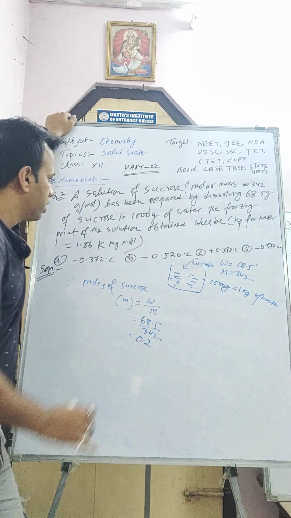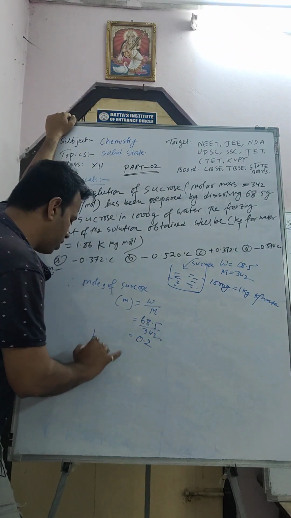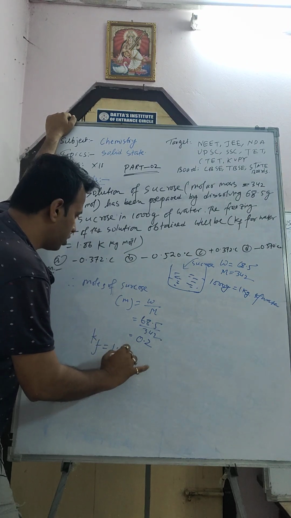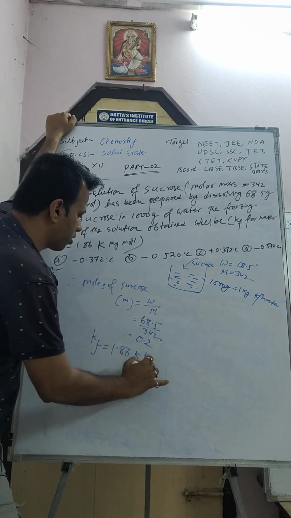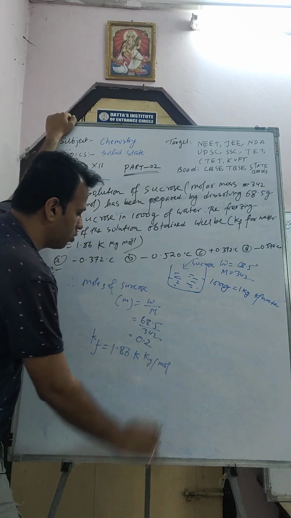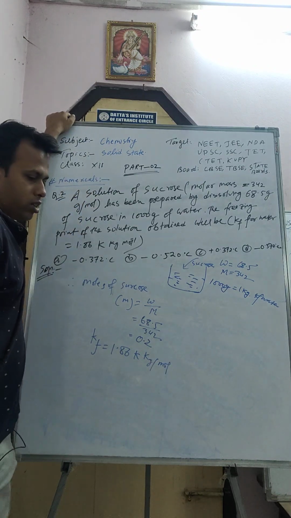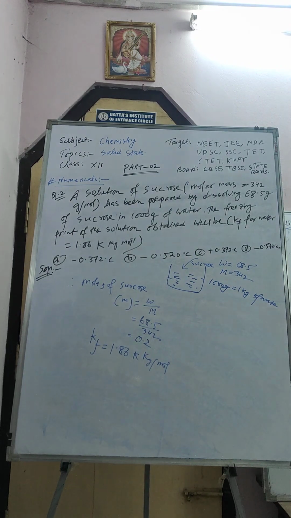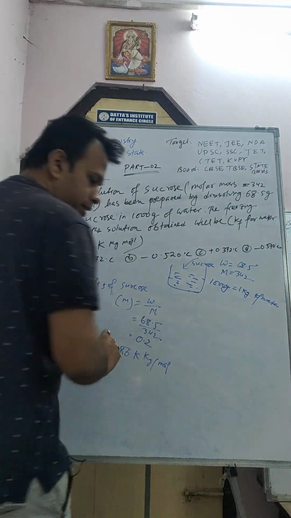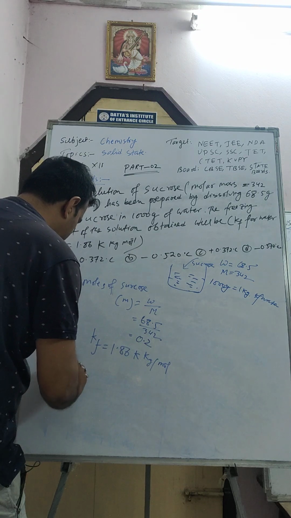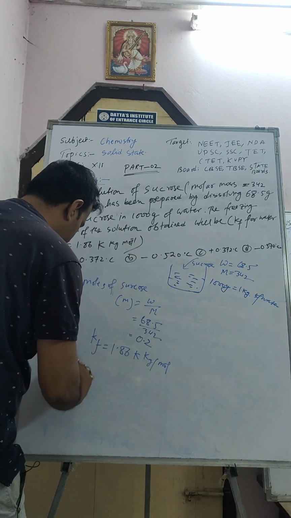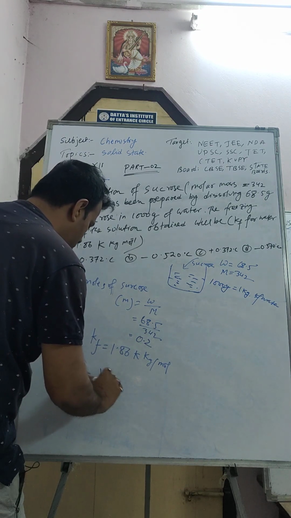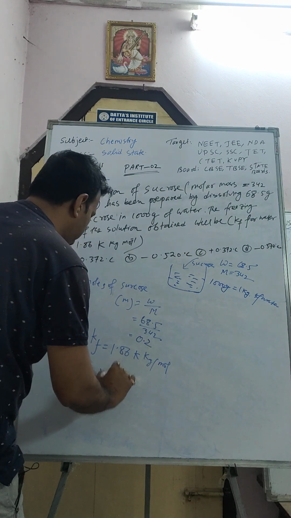And what is Kf? Kf here is 1.86 kg per mole. Now the formula of freezing point: del Tf equal to m into Kf.